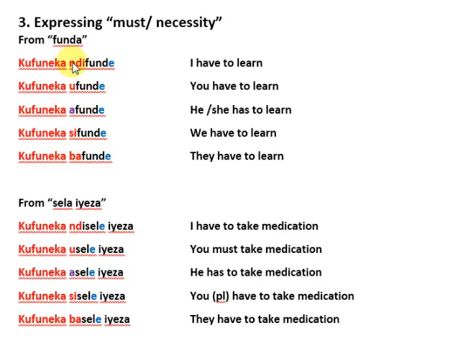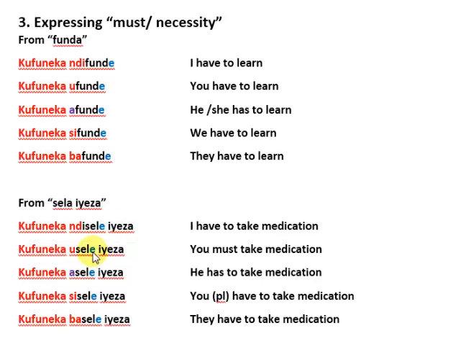So once again, we have ndi, u, si, and ba, our normal players, and with the exception of the highlighted in purple a. Kufuneka afunde, not the u that you are accustomed to. Second example, sela iyeza, take or drink medicine. Kufuneka ndisele iyeza, I have to take medication.